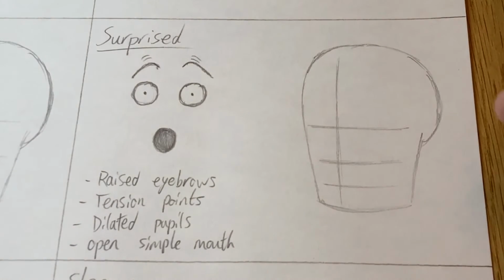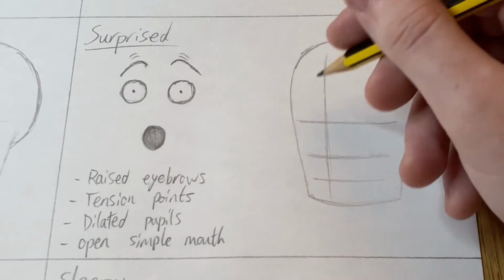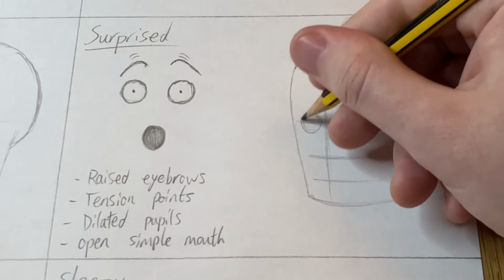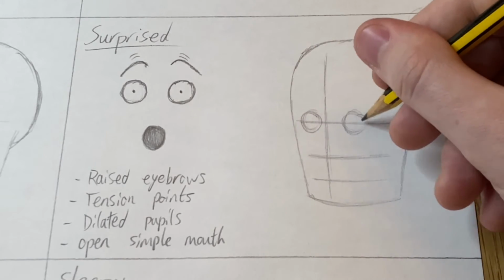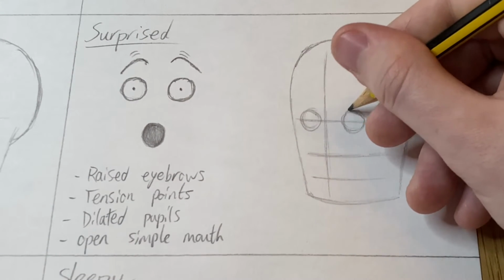So those key points attribute towards a surprised face. So on our template, we'll just be adding in the circles of the eyes. Also with cartooning, the more exaggerated the face, the better.